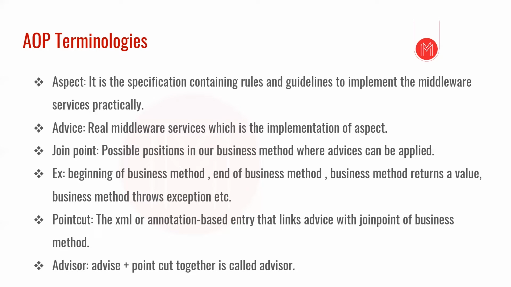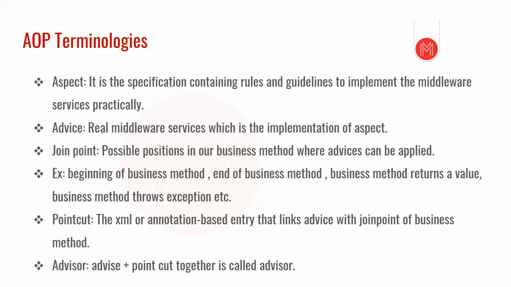And what is meant by join point? A join point is used to combine the pointcut and advice. Join points are possible positions in our business method where advices can be applied.